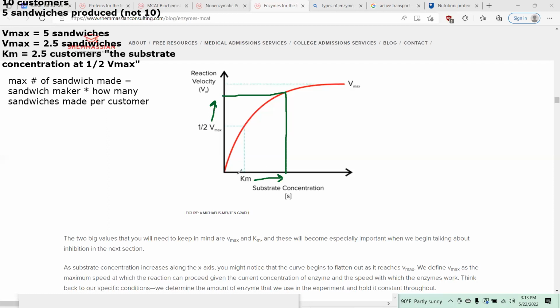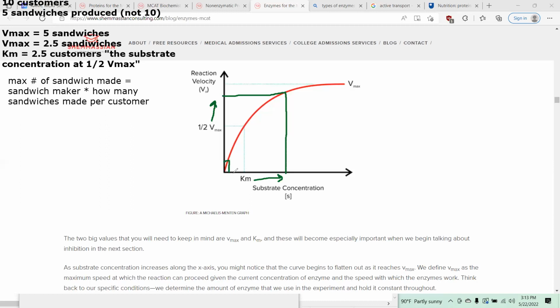So when the Km is high, it means that the binding affinity between the enzyme and the substrate is not that great. However, if the Km is really low, that means as soon as a customer comes in, the maker immediately makes a sandwich. It's like the good employees at Chipotle, right?